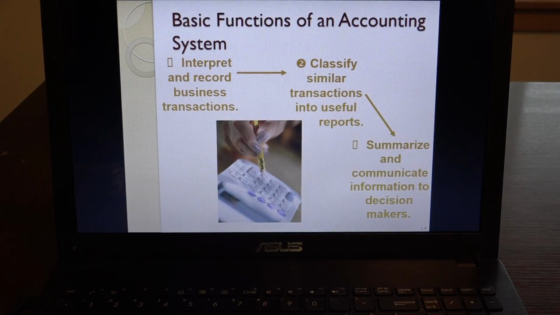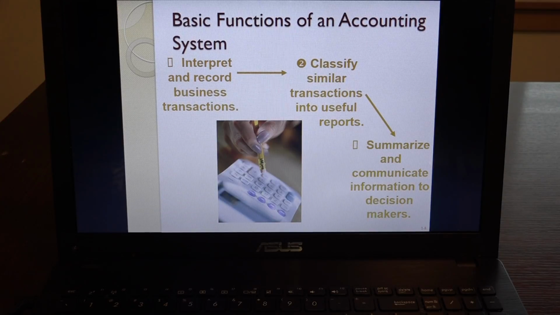And so the basic function of an accounting system is to, well, I would back this up even further. The basic function of an accounting system is to gather business transactions. We'll talk about what is a business transaction, because that's kind of a term of art.